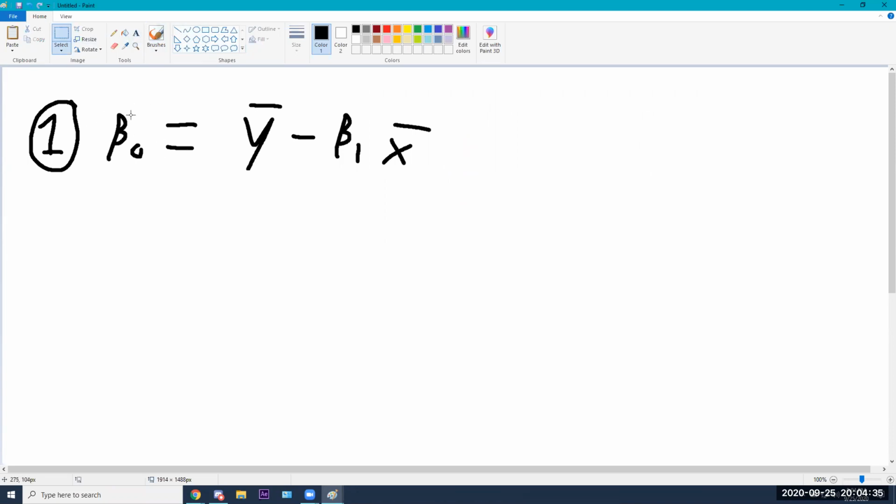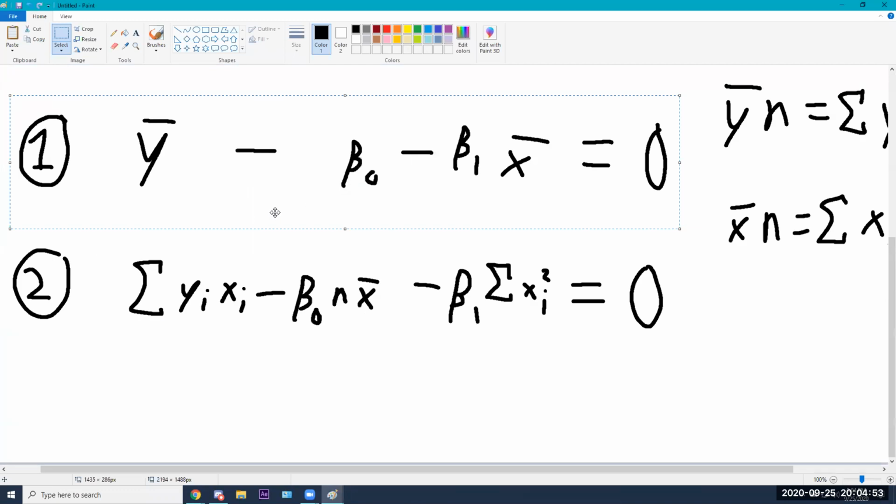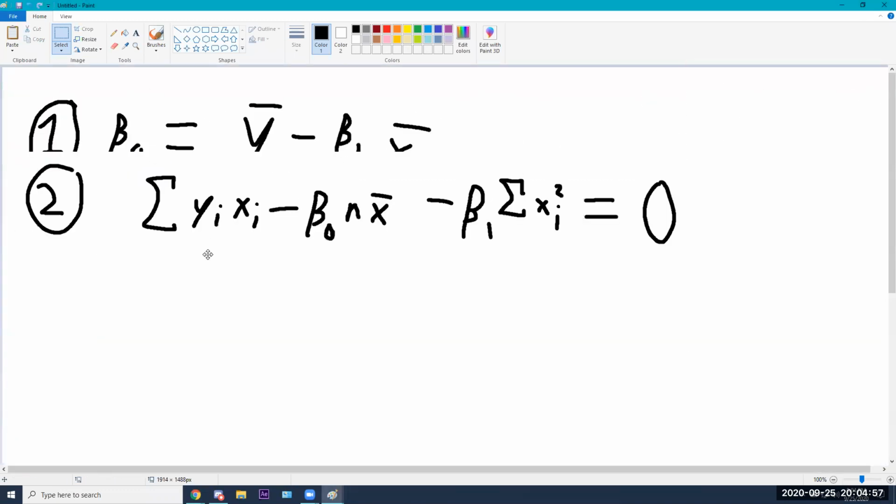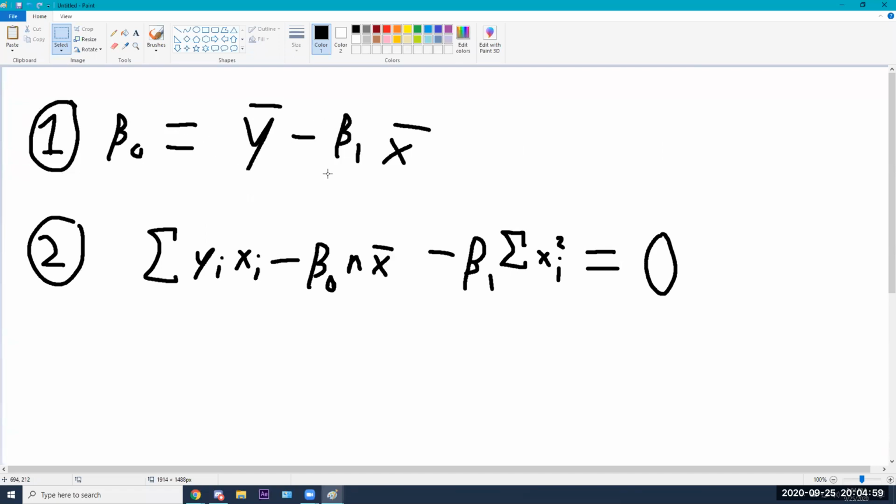So what this is saying is our y-intercept of our line of best fit is equal to the average of all the y values minus our slope times the average of all the x values. Okay? And so now let's bring in our equation 2. So we have this expression, if you remember.